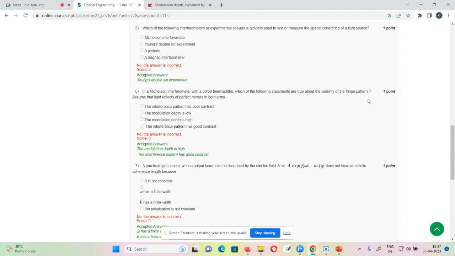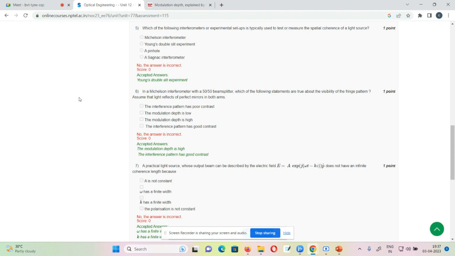Sir, I had one doubt about Fresnel and Fraunhofer diffraction. Are both of them part of the double slit experiment, or are they something different? I didn't go through that portion actually.